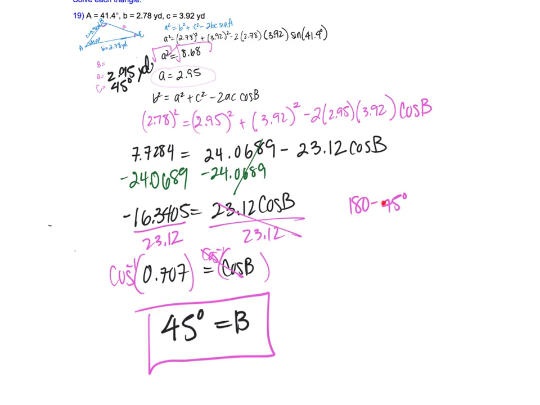So I'm going to take 180, subtract 45 degrees, and then subtract this angle that we have here, 41.4 degrees. And so if you put this in and subtract off the angles, you get 93.6 degrees. So in this case, one of your angles is 93.6 degrees.